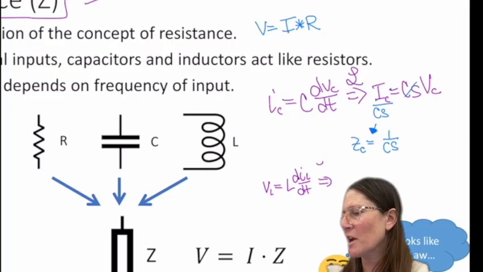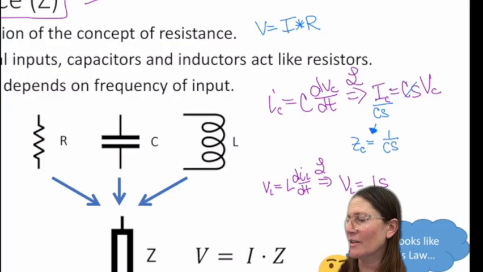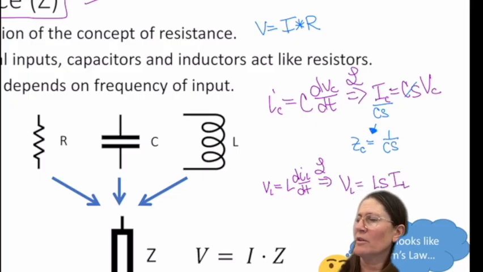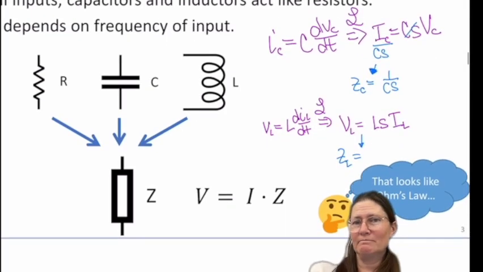And if we transform that, the transform of VL is equal to LS times the transform of IL. So what is ZL going to be? LS, correct.